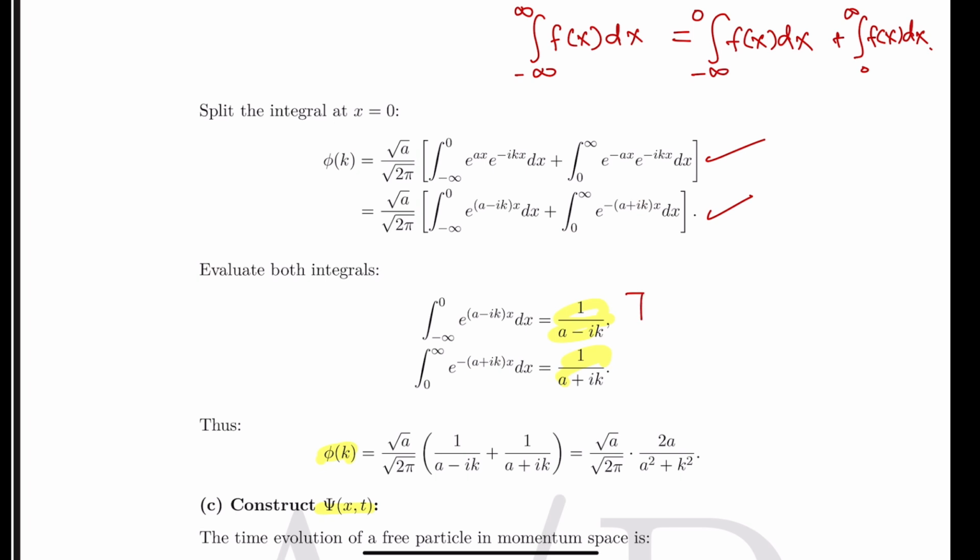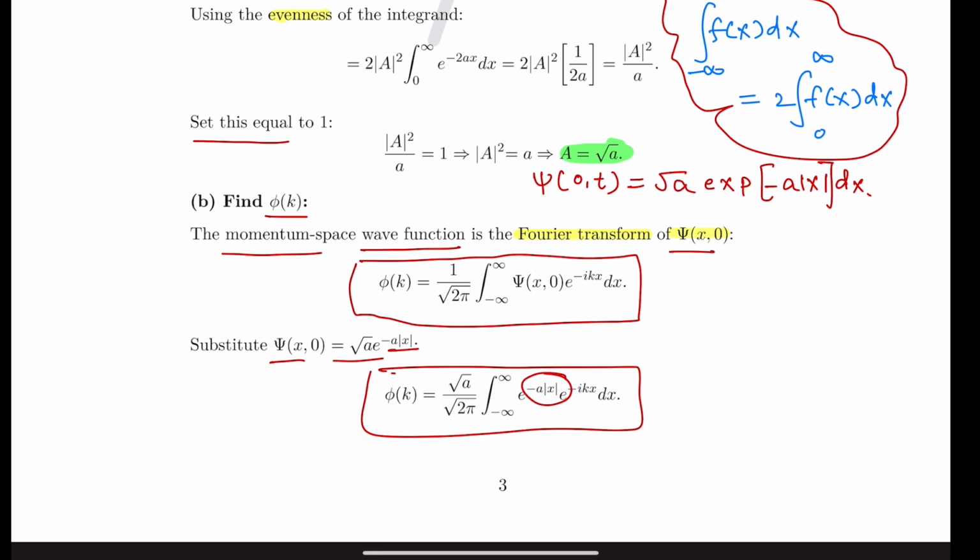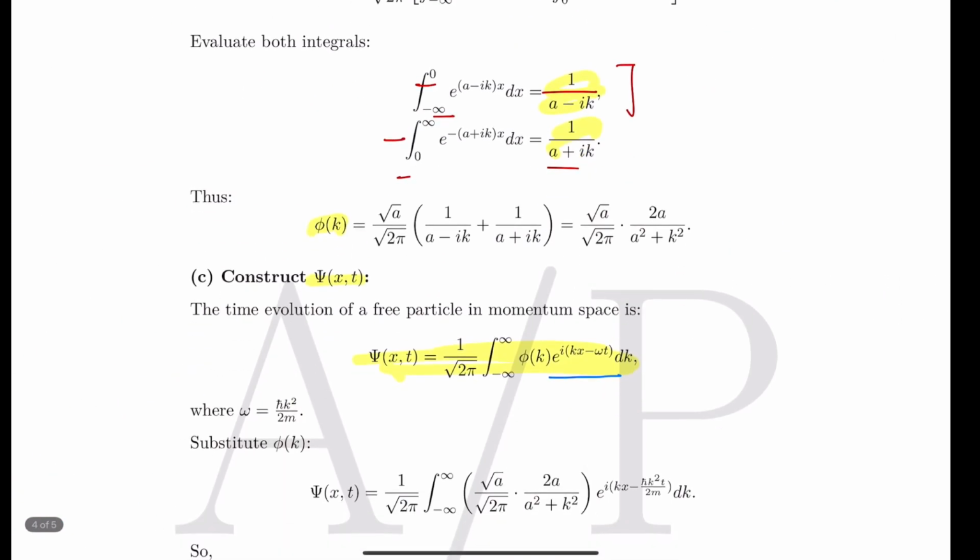After evaluation of both the integrals, for the limit from minus infinity to 0 we get 1 divided by a minus iota k, and for the limit 0 to infinity it is going to be a plus iota k. In this way we have bifurcated it and even taken care of the absolute value of x.